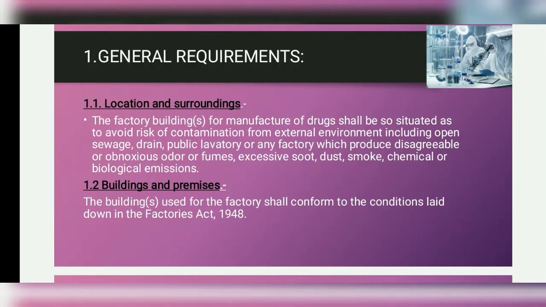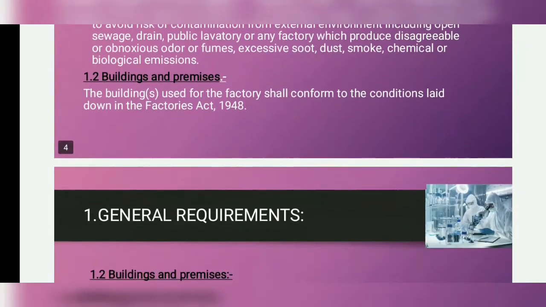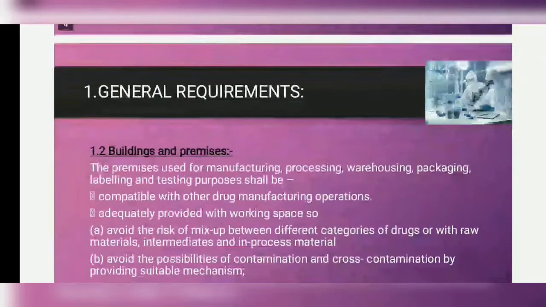The Factories Act ensures the safety and health of workers in the laboratory. The objective of this act is to regulate the conditions of work in manufacturing establishments. Now, let us see some other points of buildings and premises in our next slide.